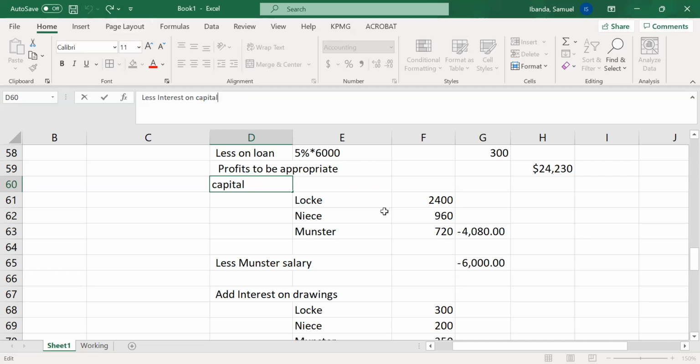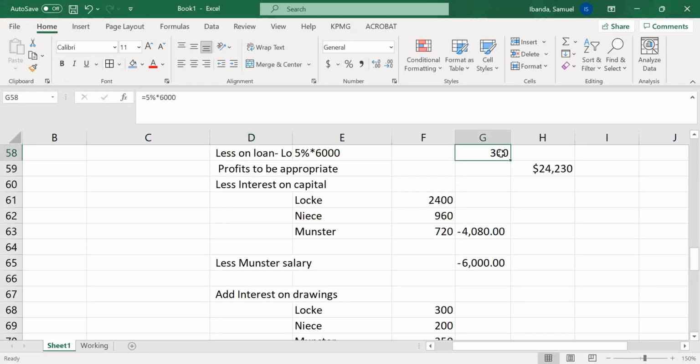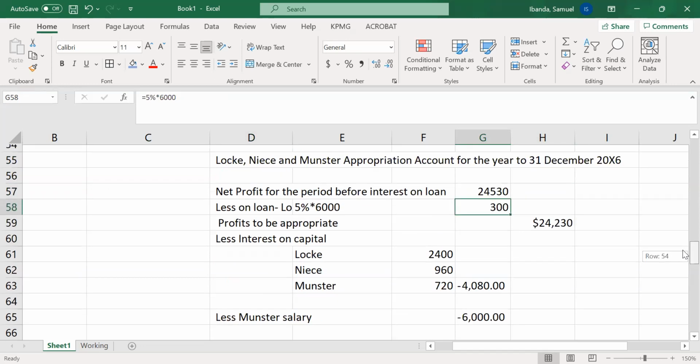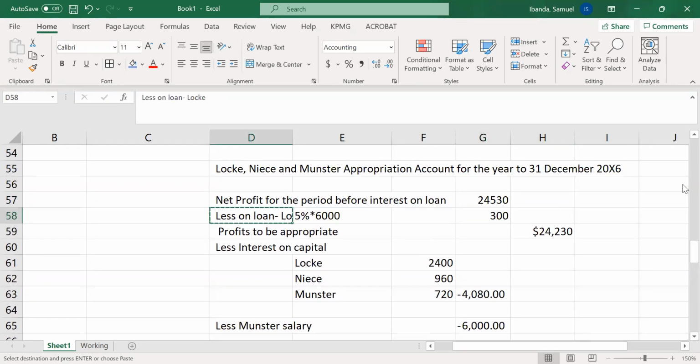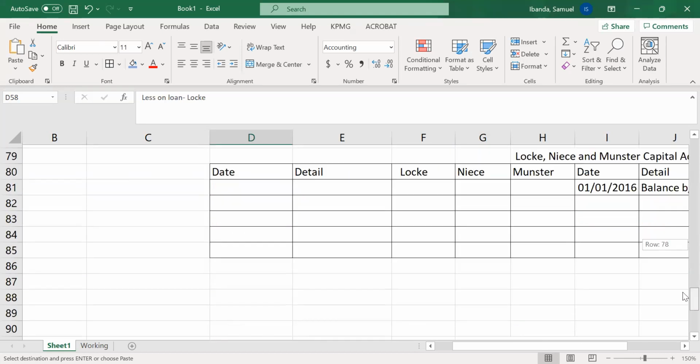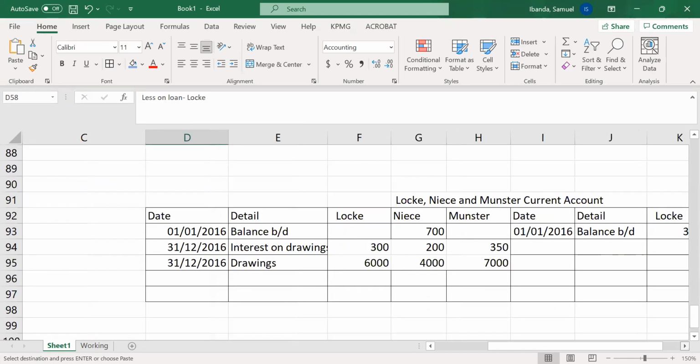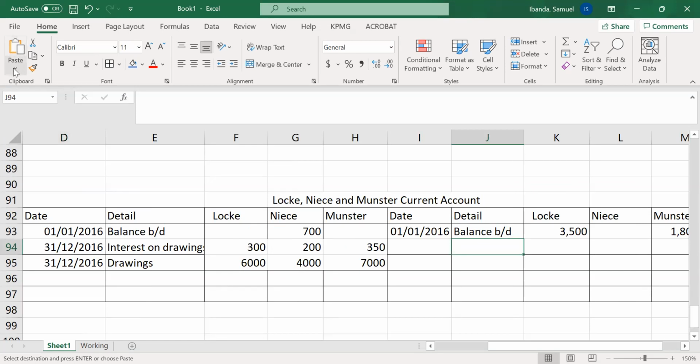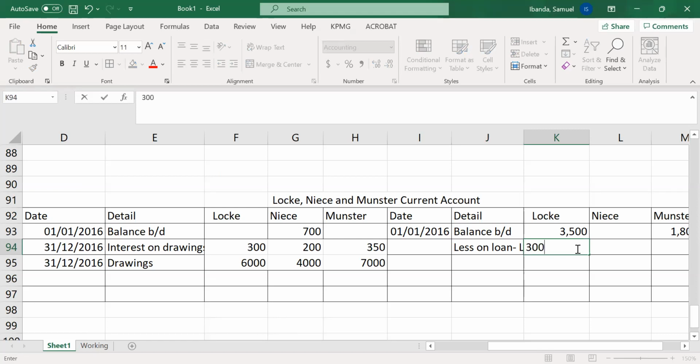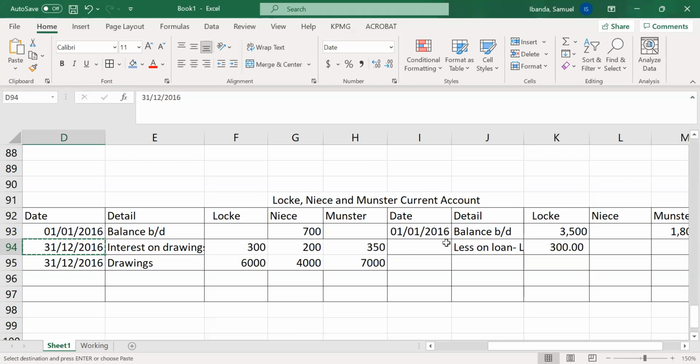Sorry, the interest on loan is here. This interest on loan by Loki of 300, as it is recorded in the appropriation account here, also goes in the current account and is recorded under Loki on the credit side, because Loki is benefiting from this transaction. So his account is credited. That is one of the other things that we also look at.